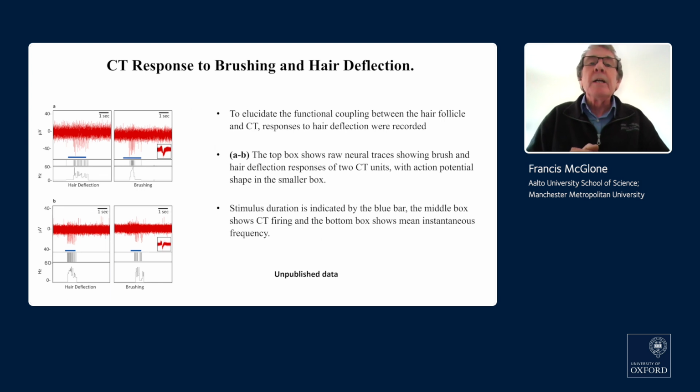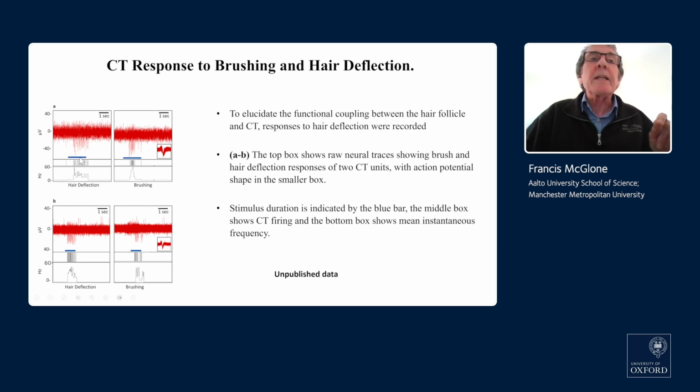This is one slide that we submitted a paper on, which I think will be very germane to discussions today. This is done in my lab in Liverpool and primarily in our Linköping group. The Swedes have been recording from these C-tactile afferents, and they're looking at the response of that nerve fiber to a hair that it is innervating. So every single hair we've ever recorded from is innervated by one of these C-tactile afferents.